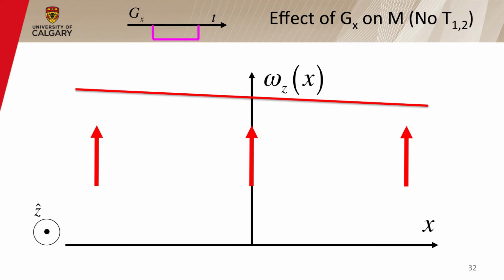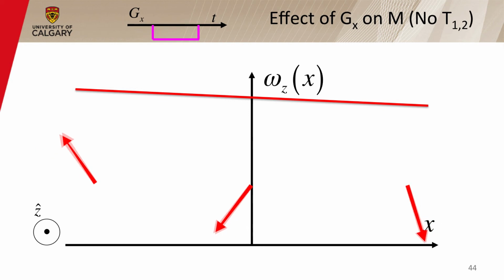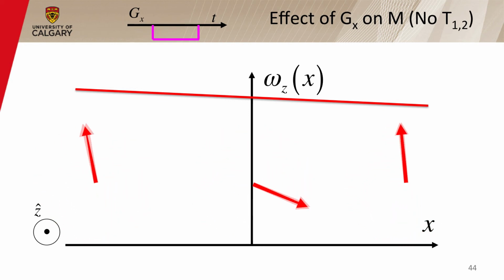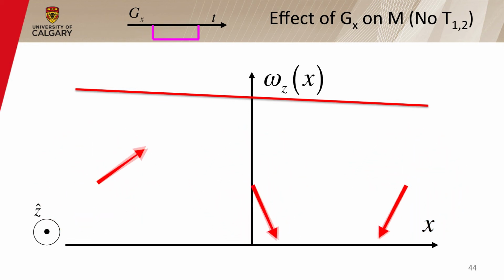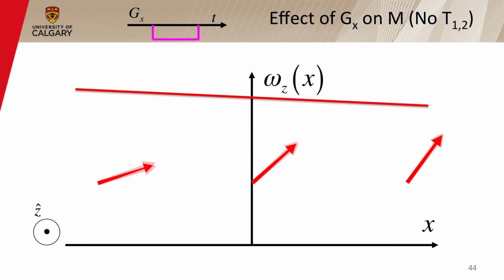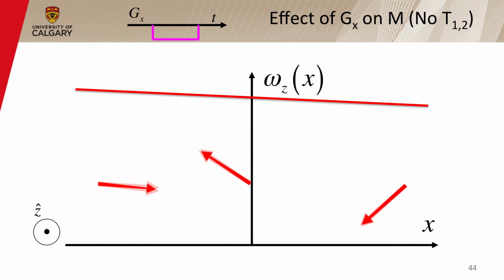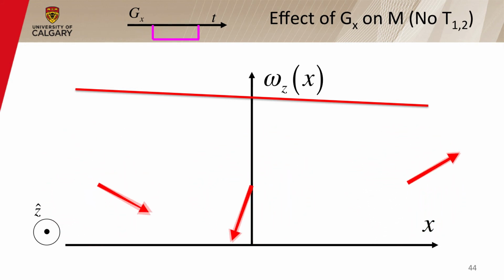For this particular demonstration, we're ignoring the effects of T1 and T2 decay, okay? If they're precessing slower over here, you can clearly see that this particular isochromat is precessing much slower. This one's precessing a little bit faster, and this one is precessing at the absolute fastest, okay?